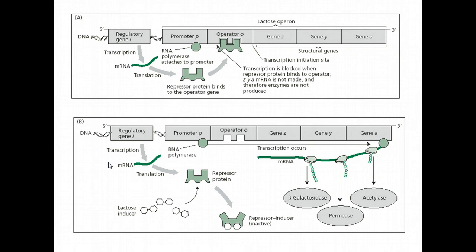And if you add lactose, and this is a very, very important thing, you induce the production of the genes needed to break down lactose. Okay? Understand that? It's inducible. This is an inducible gene system. Questions?